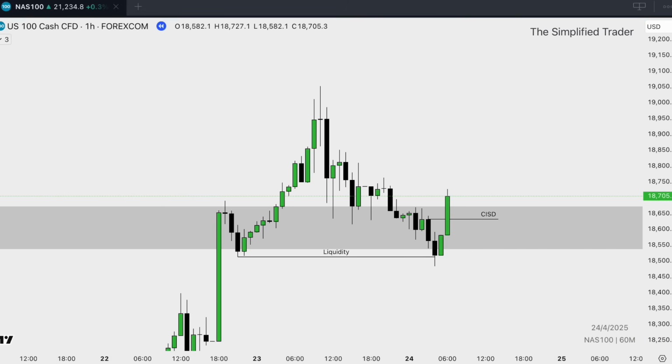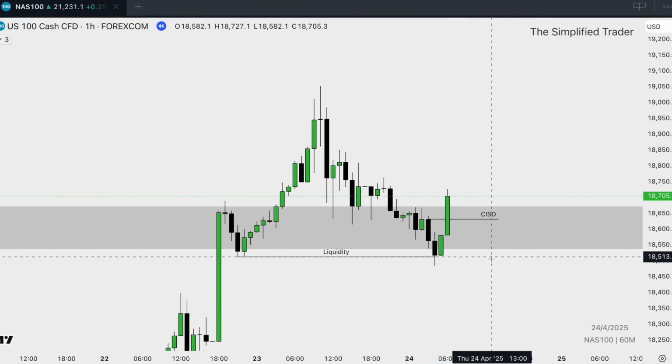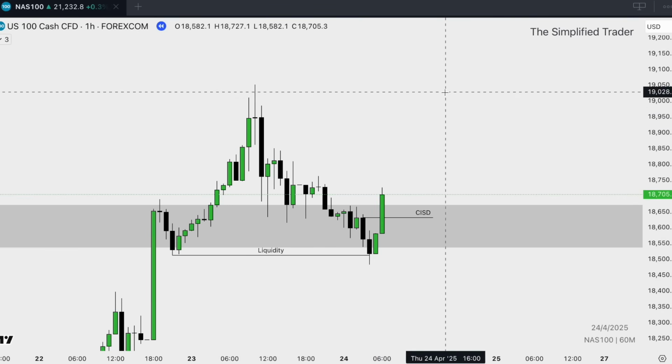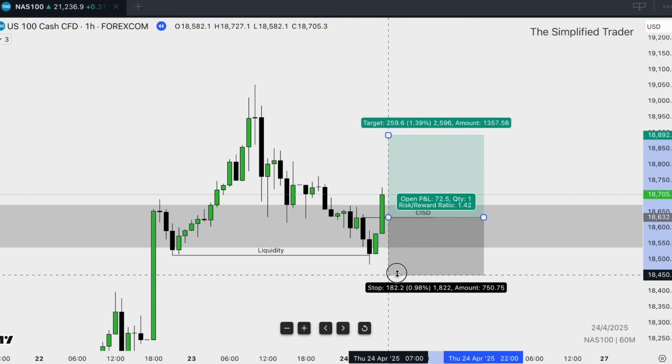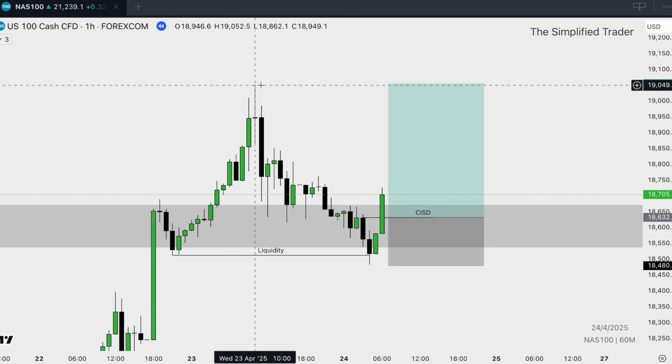And now we have that confirmation in the form of a bullish change in the state of delivery. If you are swing trading, or if you want to use 2 time frames, this is enough to take a trade. Stop loss covering that protected low, and our first target will be this swing high.